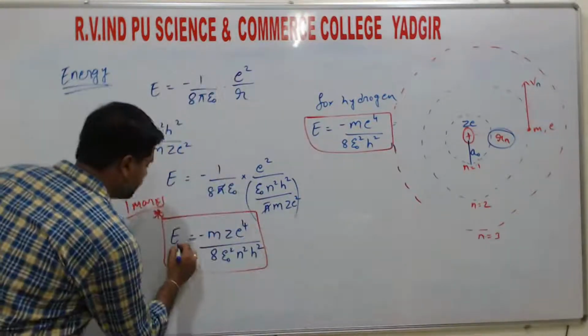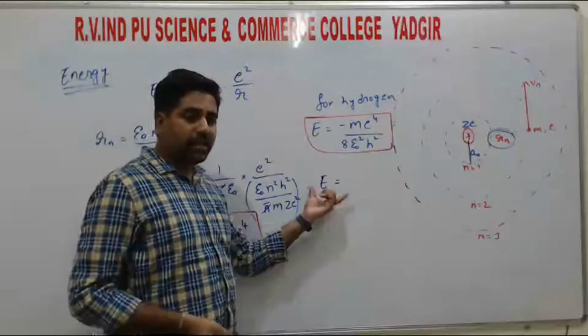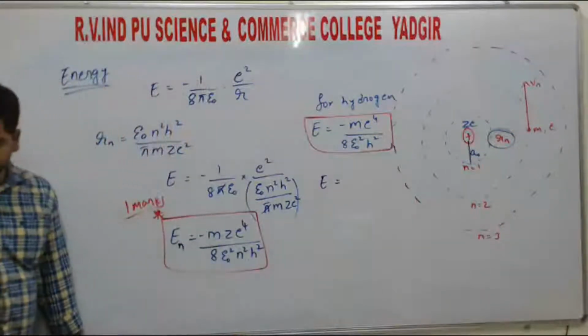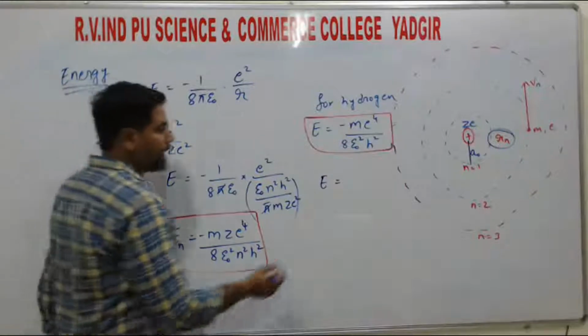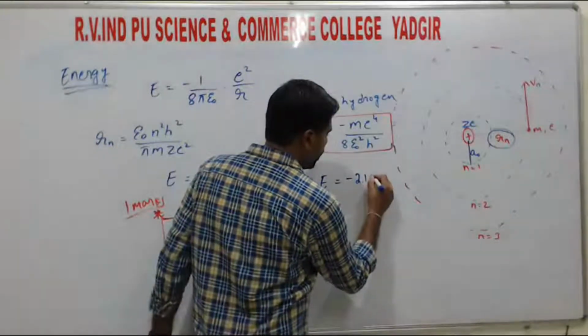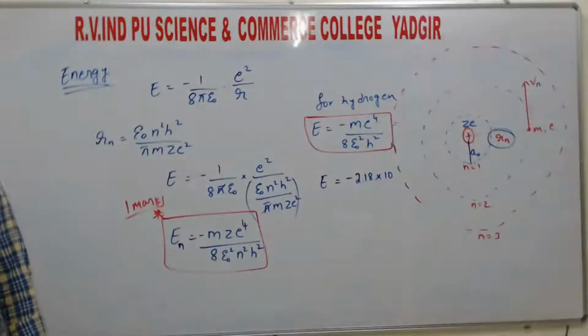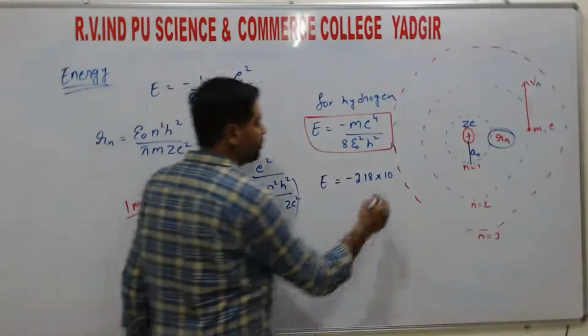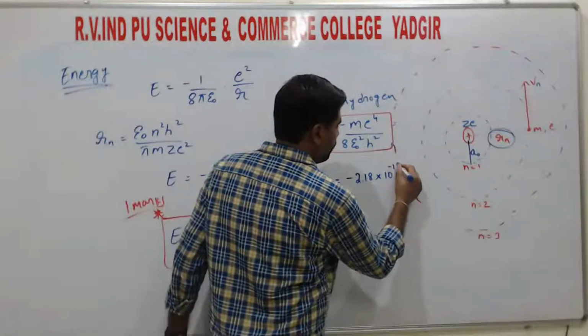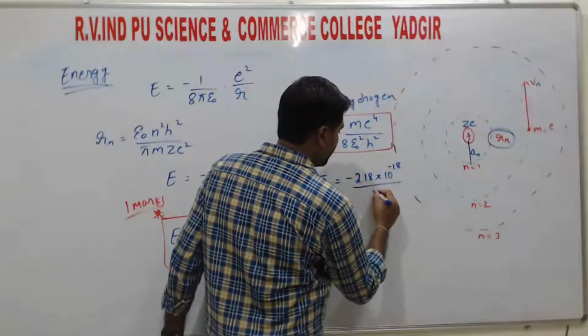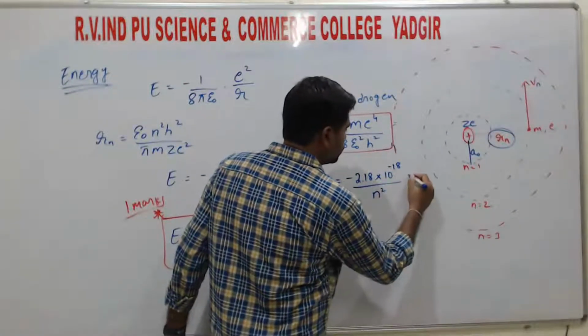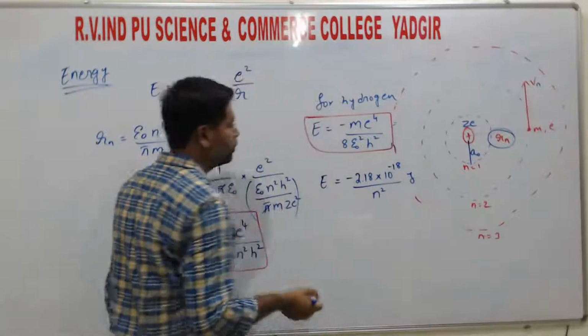So here the energy E is equal to minus 2.18 into 10 to the power of minus 18 divided by n square joule.